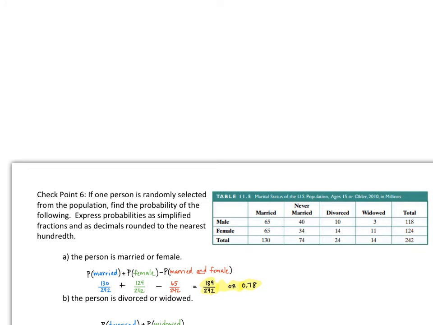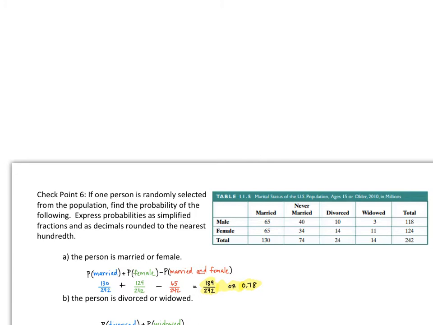And then I had to subtract the females that were married, so 65 out of 242. Then we can add 130 plus 124, subtract 65, and we get a total of 189 over 242. That's as simplified as it gets, but if we plug that into our calculator and round to the nearest hundredth, that's 2 decimals, we would get 0.78.